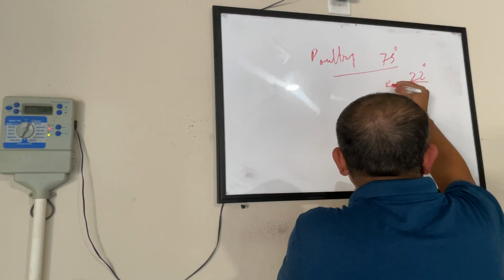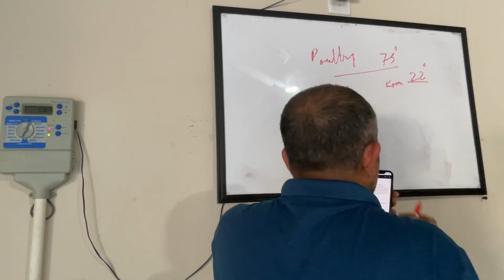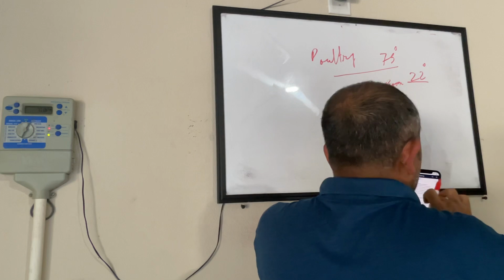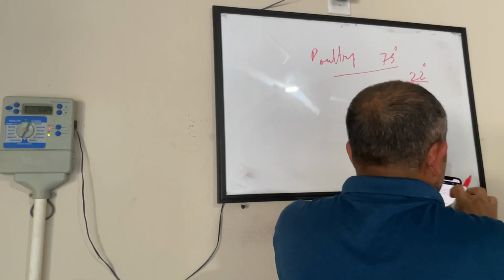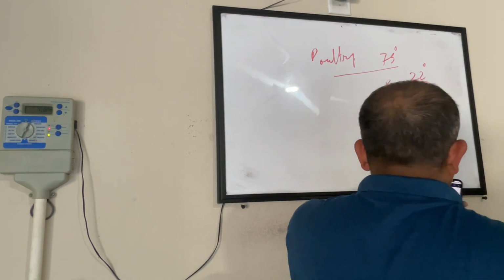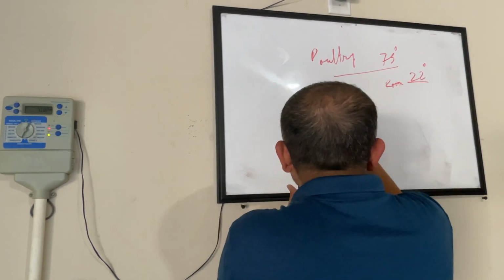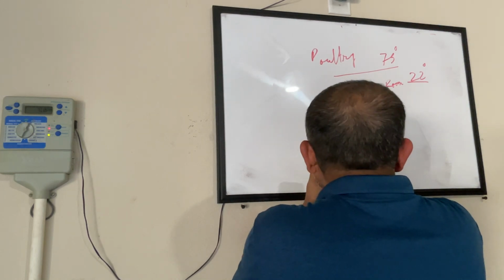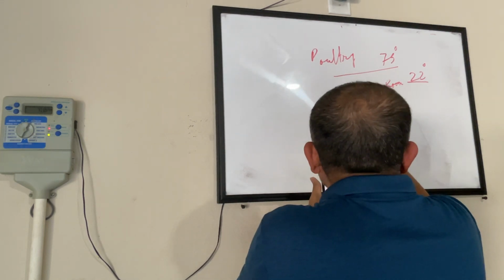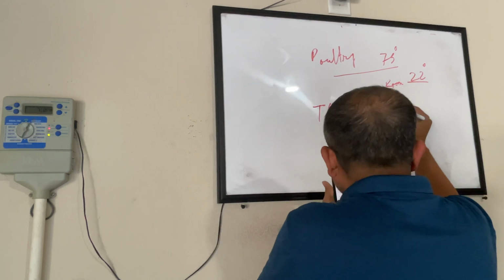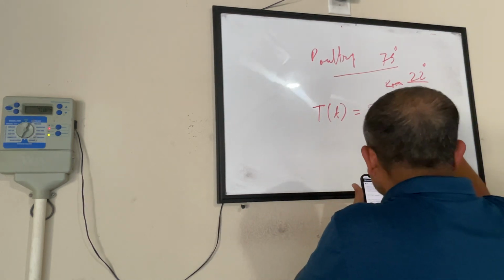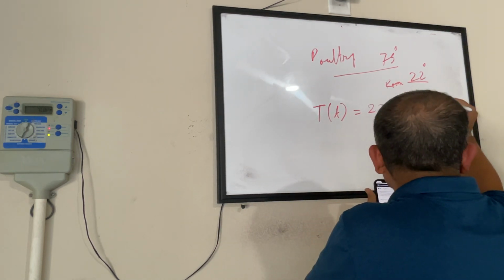This is the room temperature. The temperature of the chicken T hours after it is removed from the oven is given by the exponential function. It says the temperature of the chicken after T hours, this is in hours, is given as this: 22 plus 53 multiplied by 0.74.